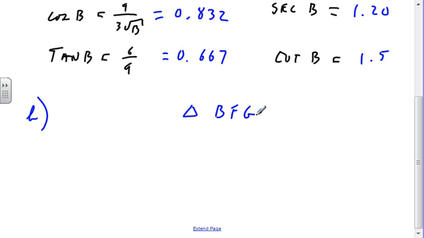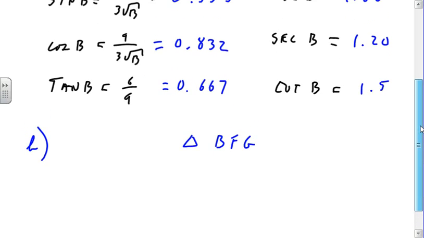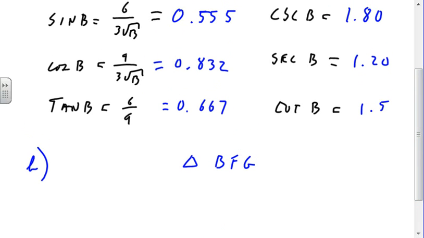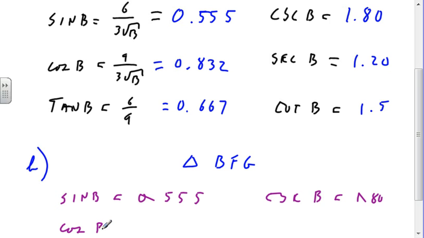So, that being the case, I'm going to move up here and change my color and say sine of B is 0.555, and cosecant of B is 1.80, and cosine of B is 0.832.